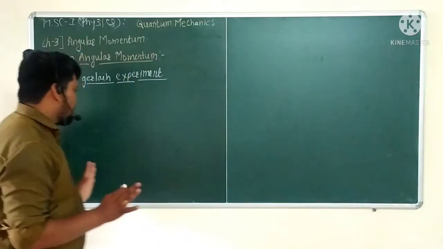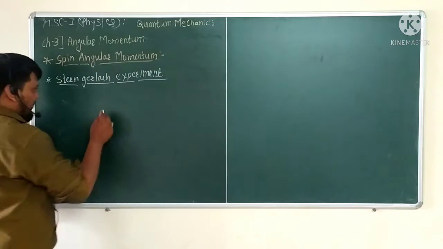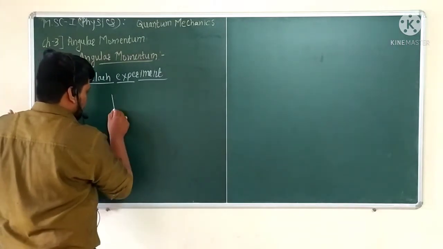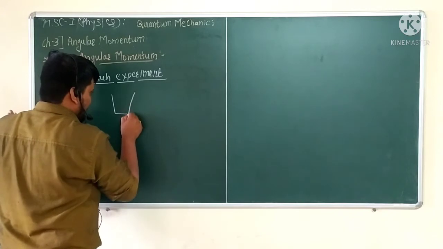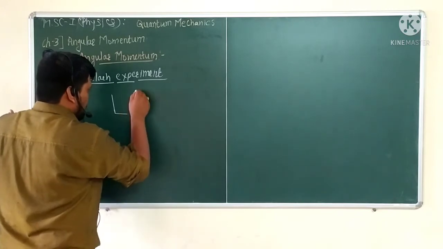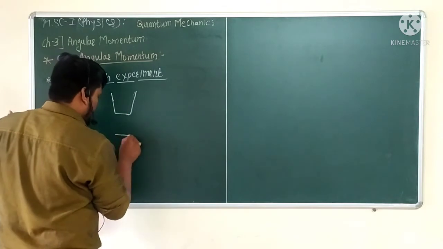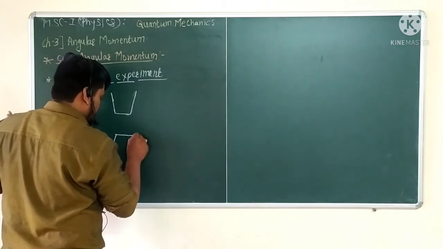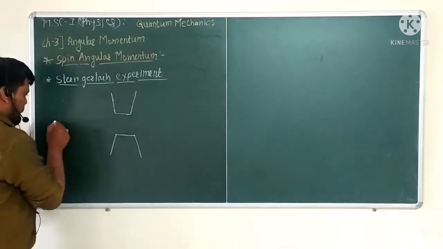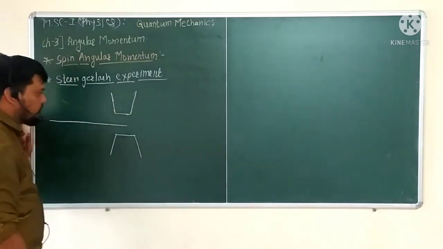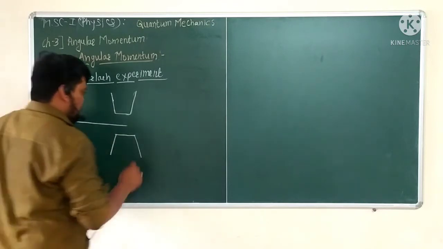For example, this is the magnet, which has the inhomogeneous, non-uniform magnetic field. What happens when the beam of silver atoms passes through it?